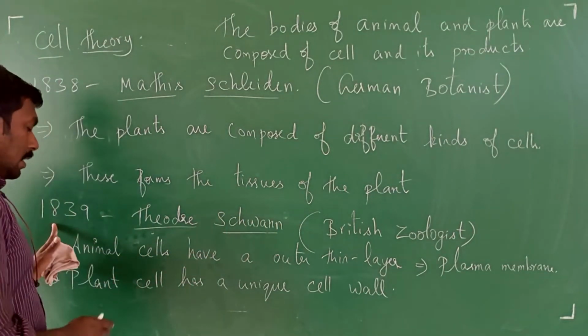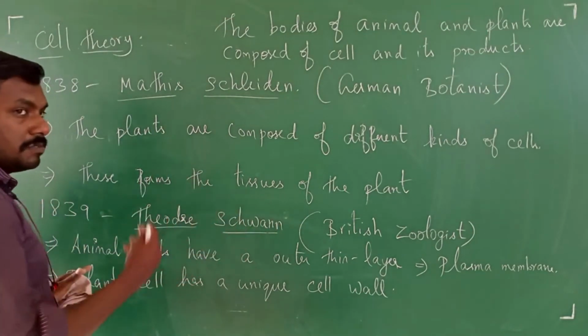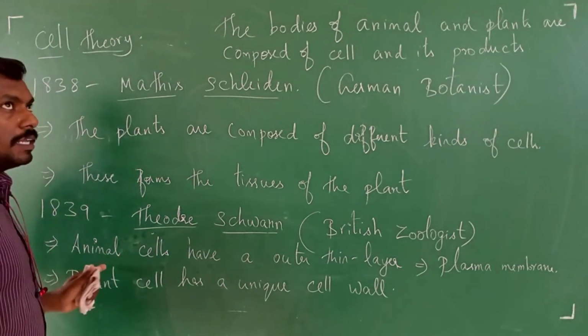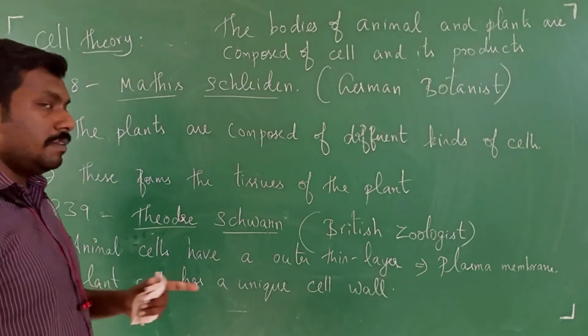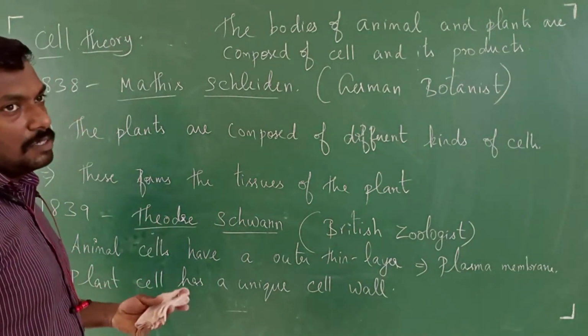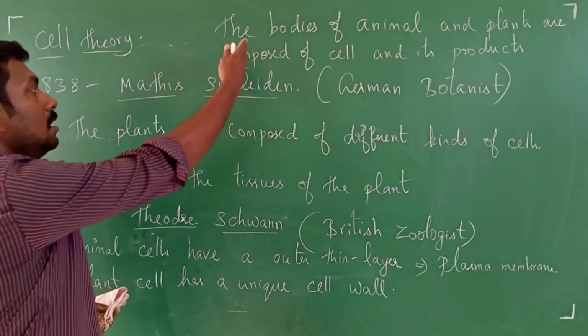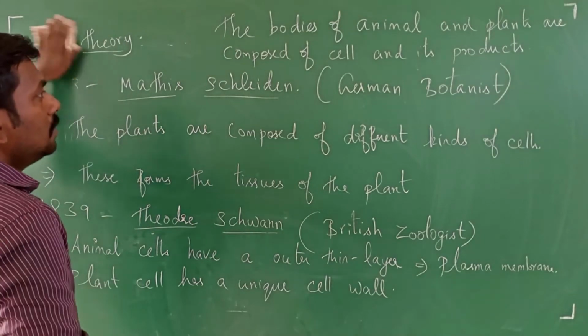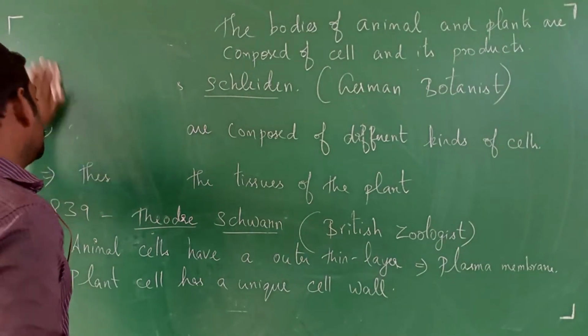In 1839, Theodor Schwann, a British zoologist, concluded that animal cells have an outer thin layer called the plasma membrane, and plant cells have a unique cell wall. So he concluded that both animal and plant bodies are composed of cells and products of cells.